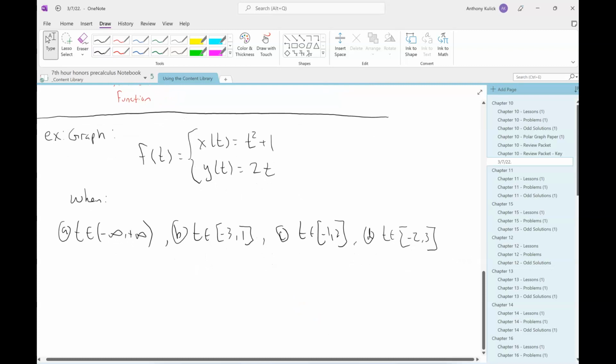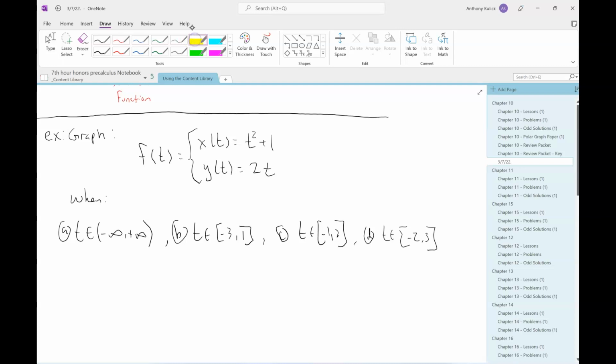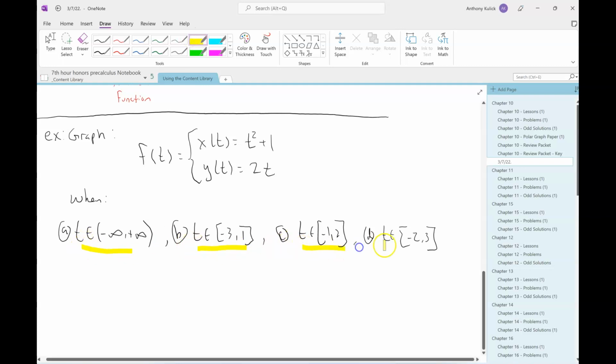So the point of this example here is just to illustrate to you the importance of the parameter interval.